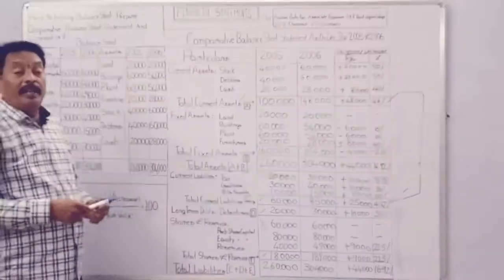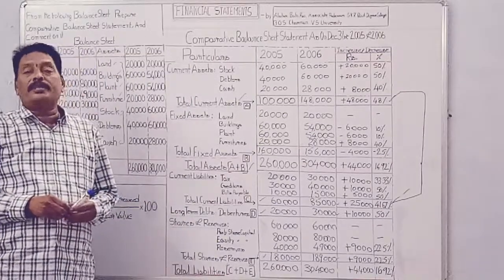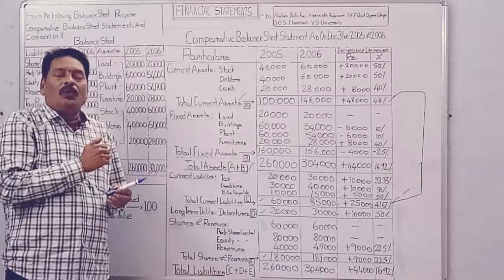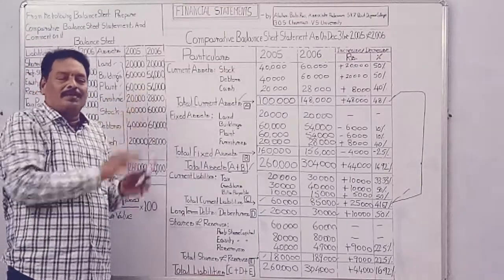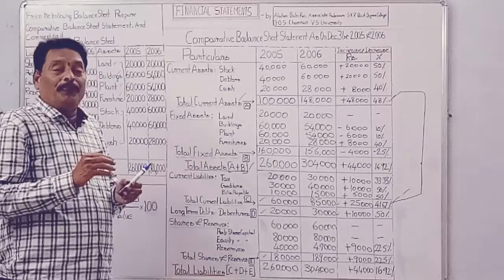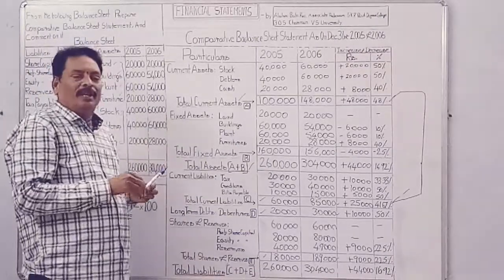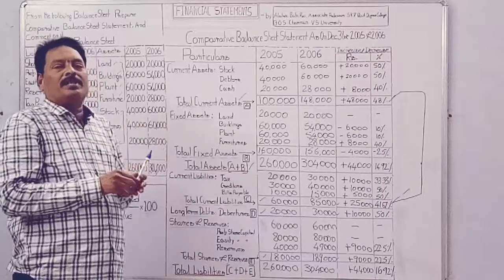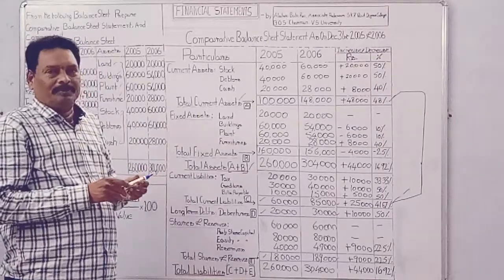When you observe the comparative income statements, there also are 5 columns, the same columns. That's why I am telling you that from the format point of view, both formats are common.